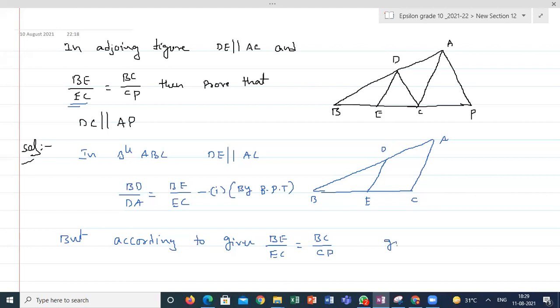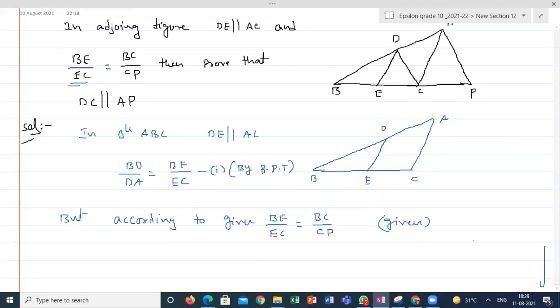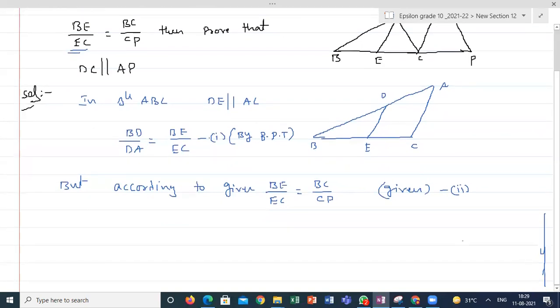So considering this equation 2, from the basic proportionality theorem and from the given data, what can I write? BD by DA will be equal to BC by CP. Am I right or wrong, guys?